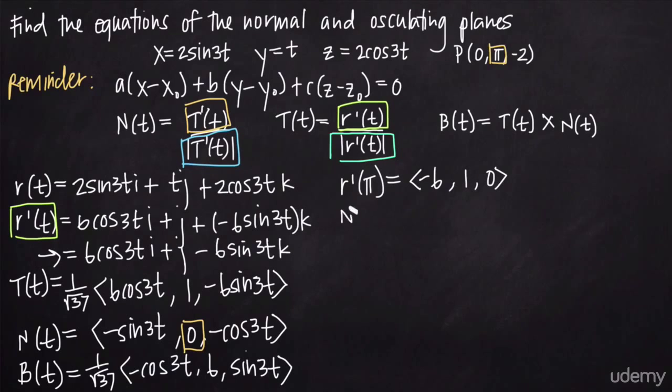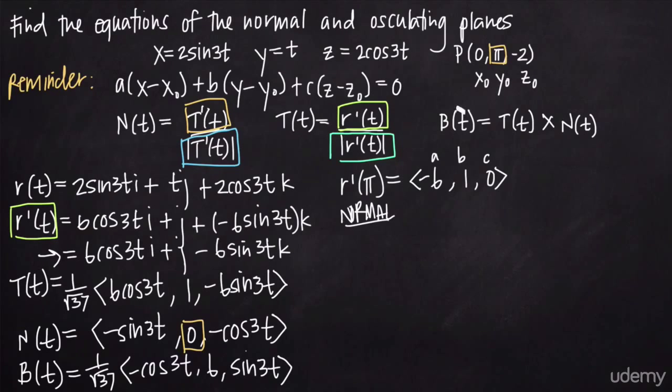So our normal plane right here, we'll find normal plane first and then oscillating. But our normal plane, we're going to take these three values for A, B, and C, and we already have here x sub 0, y sub 0, and z sub 0.